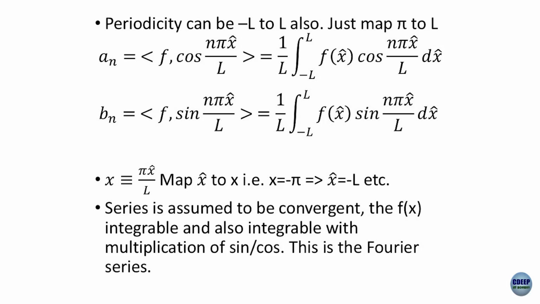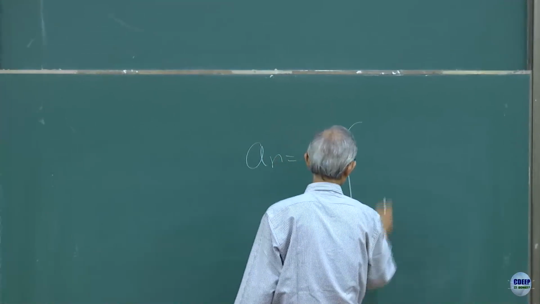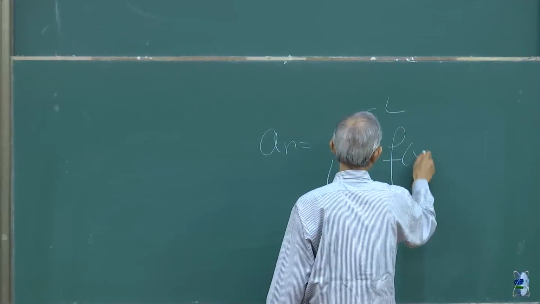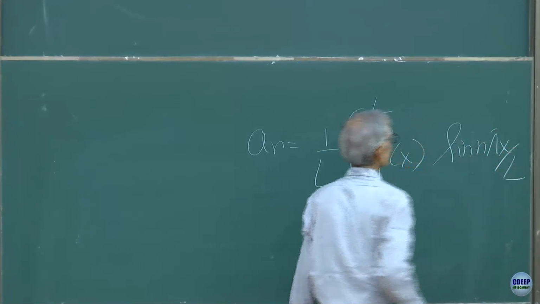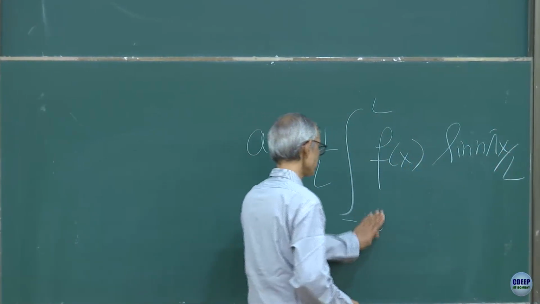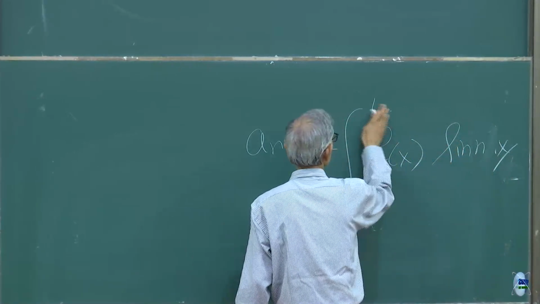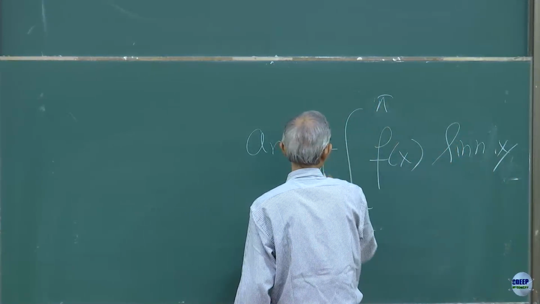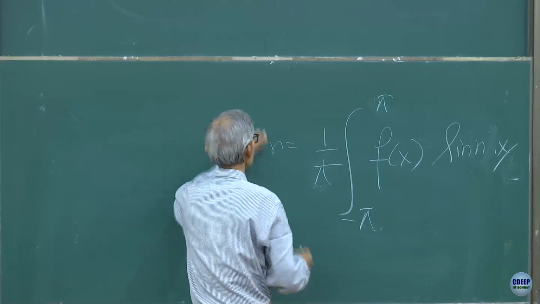So the an and bn can be written like this. So bn is integral of 1 by L, minus L to L, f(x) sin n pi x by L. And if I put L equal to pi, then this goes away and you get minus pi to plus pi, and this is 1 by pi. So an and bn, sorry, this is bn, doesn't matter.